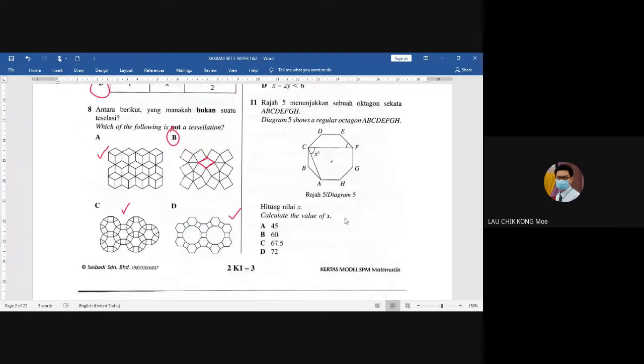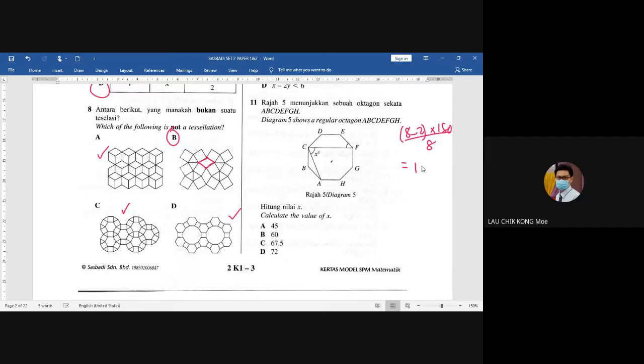Okay, 11. Regular octagon. The interior angle is x minus 2 times 180 divided by x. That is 135, right?